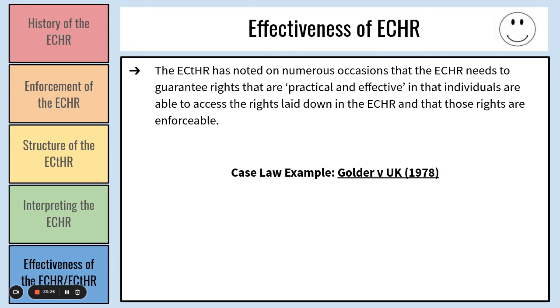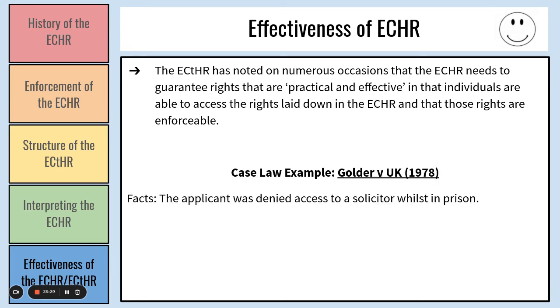A case example of this is Golder and the UK. In this, the applicant was denied access to a solicitor whilst in prison. We know now under PACE this is not allowed, but this is 1978, so this is pre-PACE.